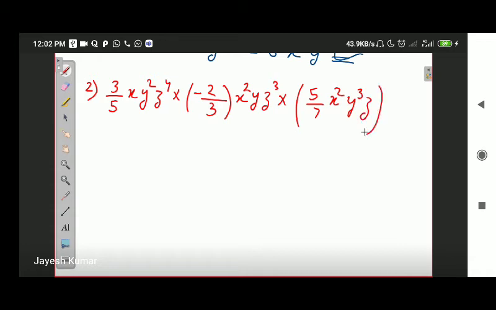Okay, so this is the question. This time we have to multiply 3 monomials. In the earlier question we multiplied 2 monomials. This time we are multiplying 3 monomials.